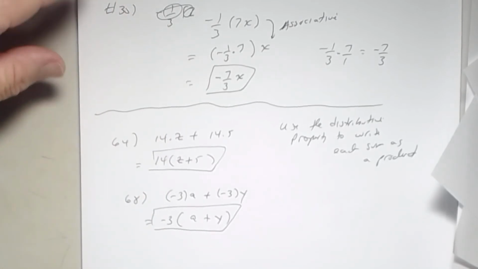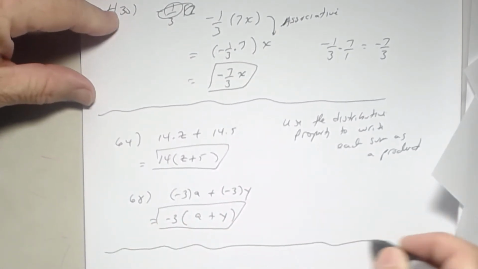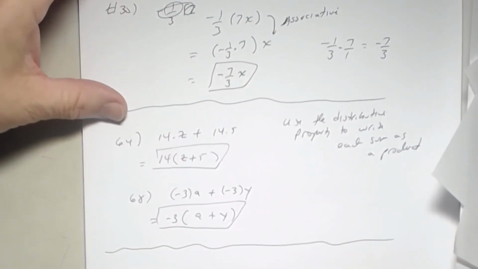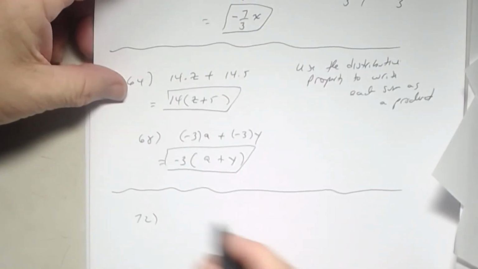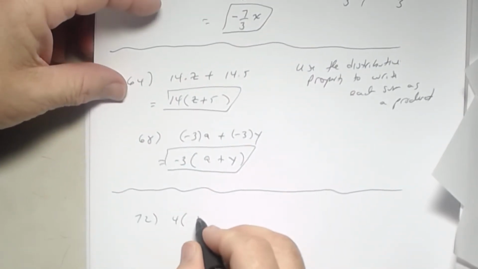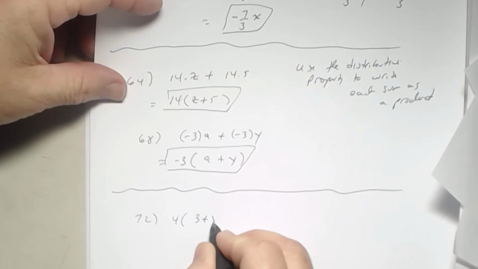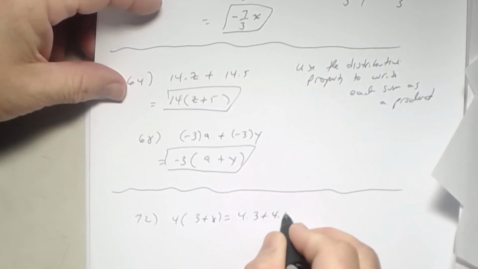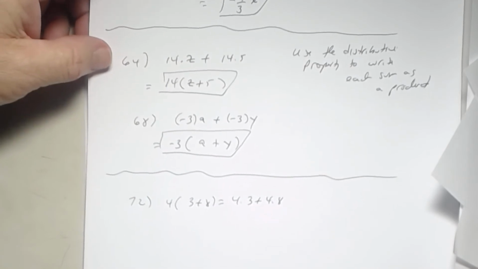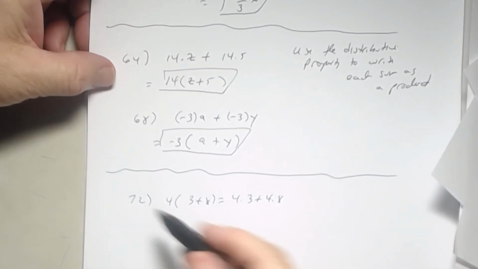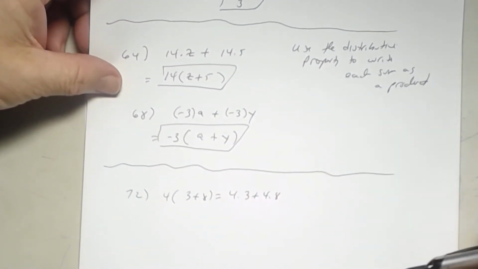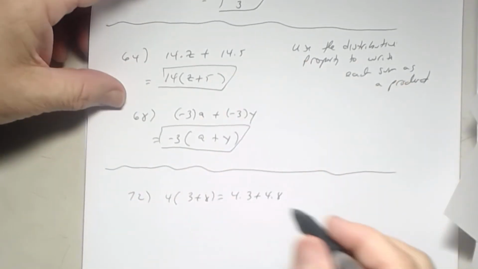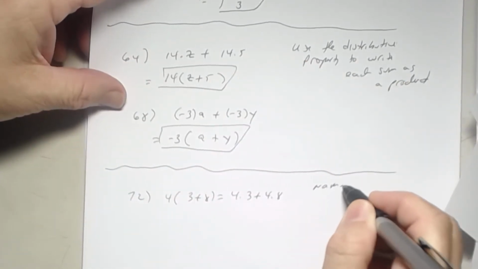All right, now 72. Okay, 72. This is what they have. They have 4 times 3 plus 8 equals 4 times 3 plus 4 times 8. And here are the directions. So this set, the directions will be this. Name the property illustrated by each statement.